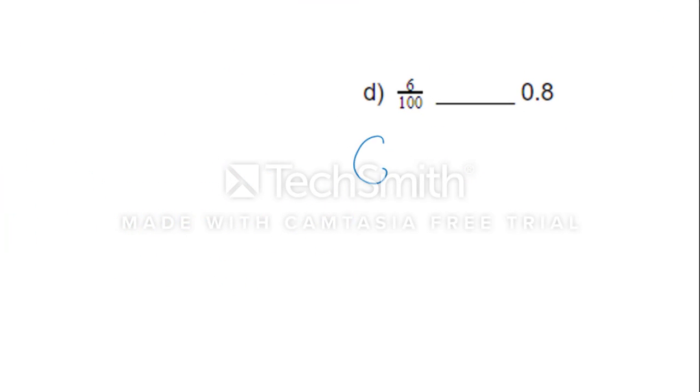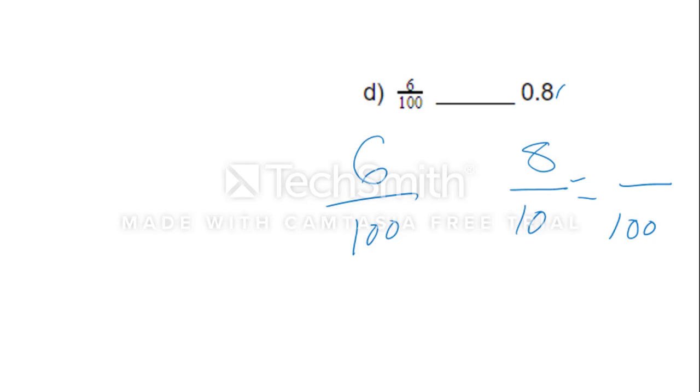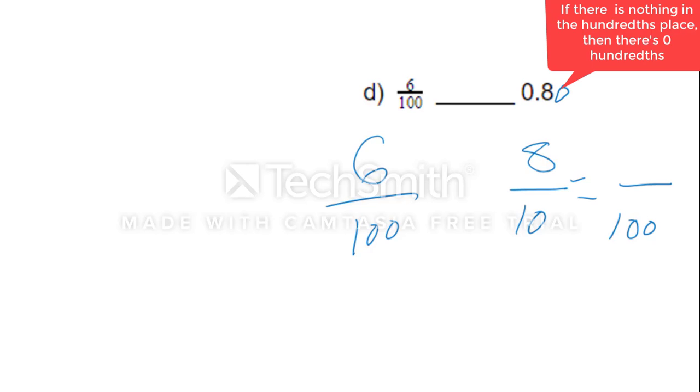Last one, 6 over 100, and then 8/10. Oh, let's see, 8/10 is written like this, 8 over 10, but I can actually rewrite this as hundredths. So I have my hundredths here. We know that 8/10 was the same as 80 hundredths when we were talking about decimals.